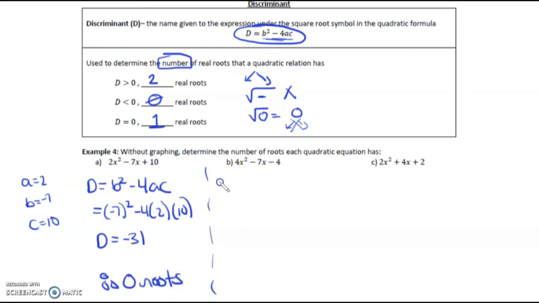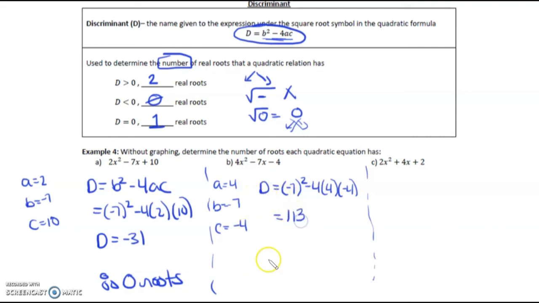Okay, so for the next one, a equals 4, b equals -7, and c equals -4. So let's sub that in. We get -7 squared minus 4ac. And when we calculate this, we get 113. So since d is greater than 0, we have 2 roots.